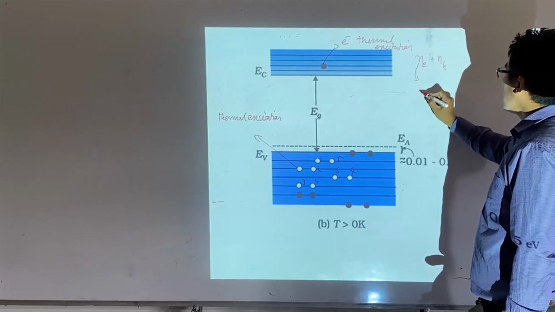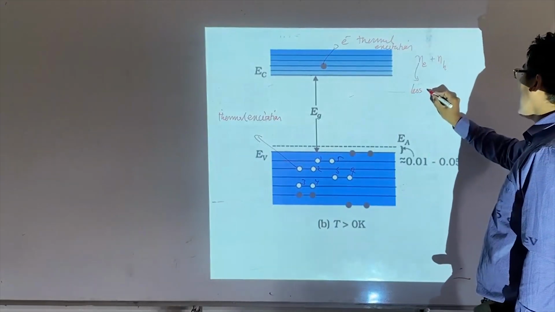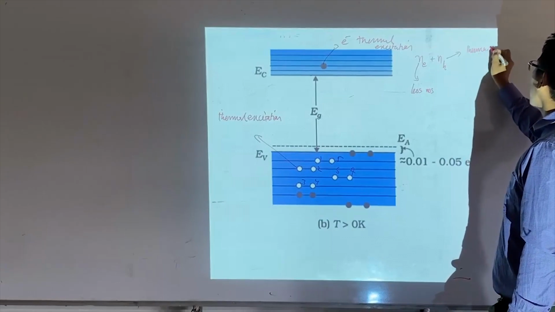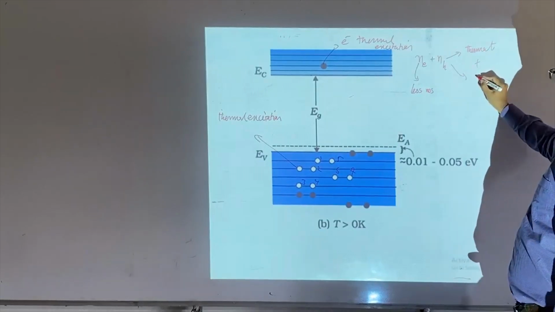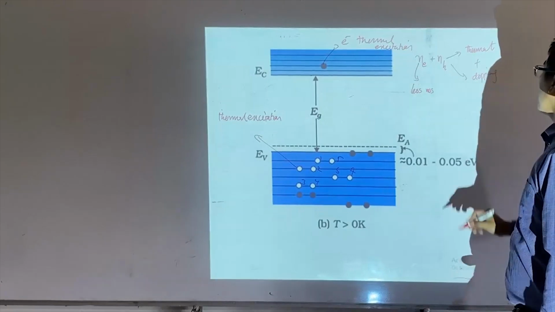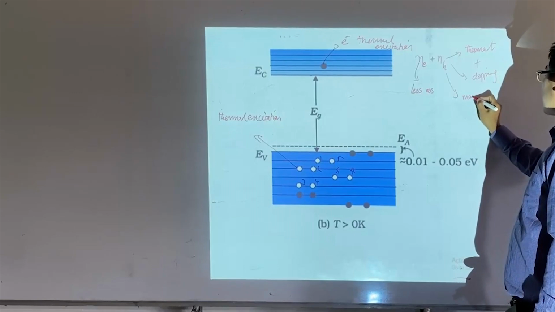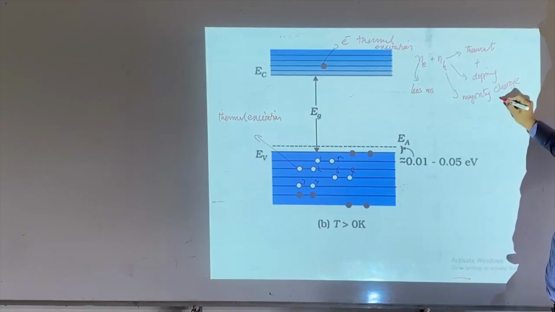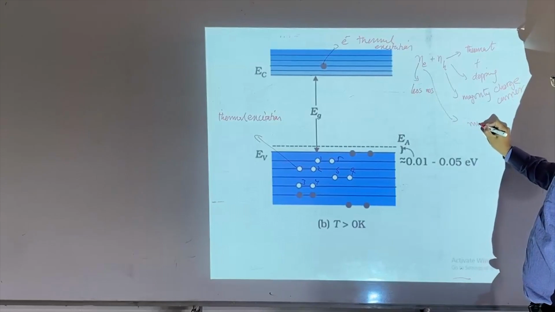Electrons are very few, because they are entirely due to thermal excitation, while holes come from thermal excitation as well as doping. Therefore, I say the hole is the majority charge carrier, and the electron is the minority charge carrier.